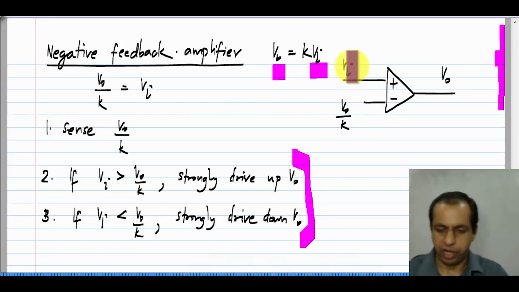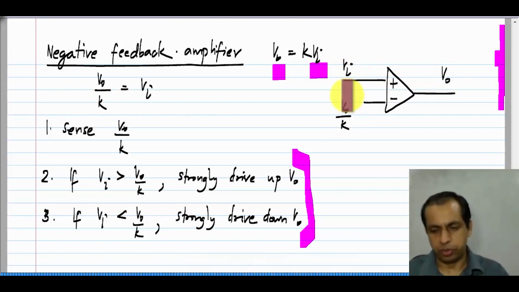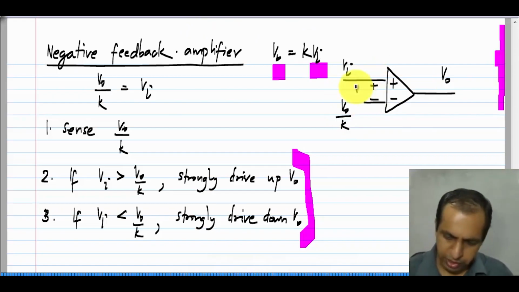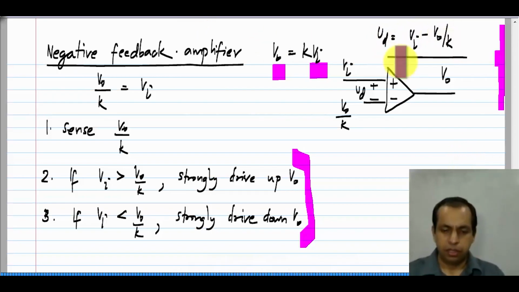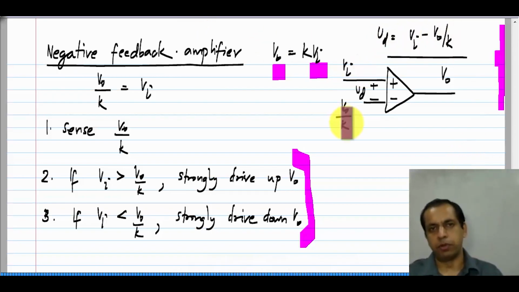So, with this polarity the op amp responds to V I minus V naught by k. My difference input voltage V D is V I minus V naught by k. And similarly, if V I happens to be smaller than V naught by k, the op amp will strongly pull down V naught. It will drive it strongly negatively.